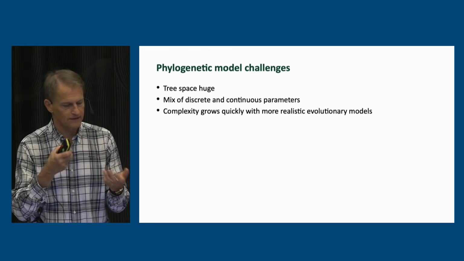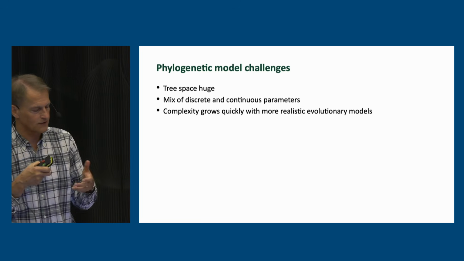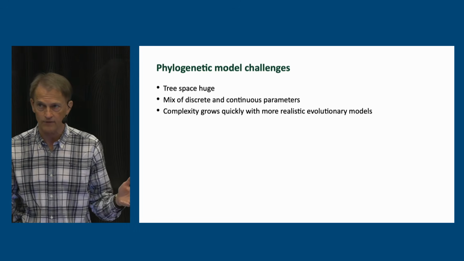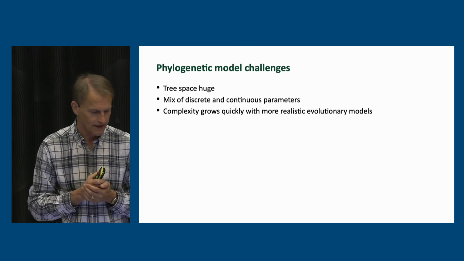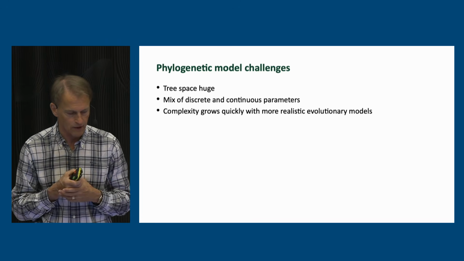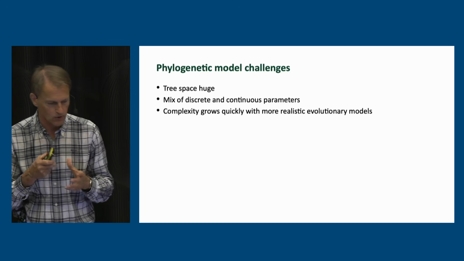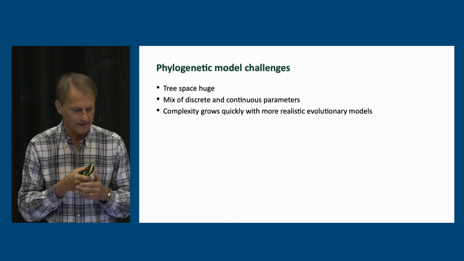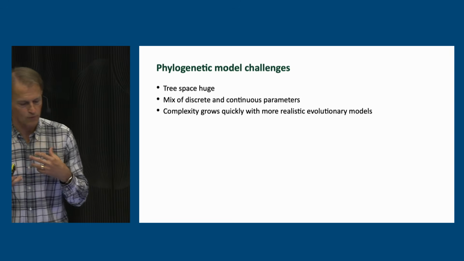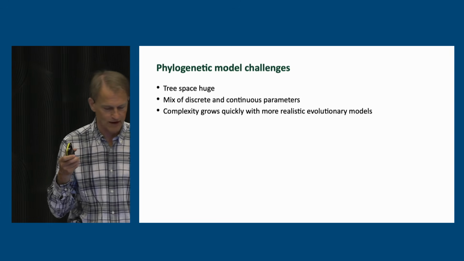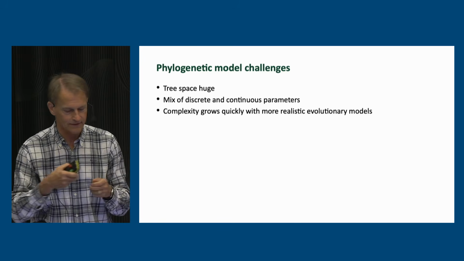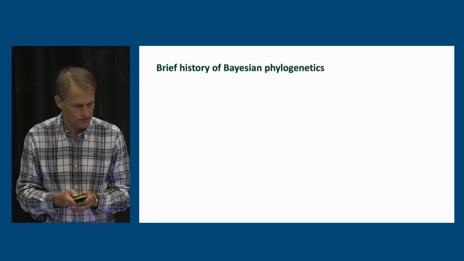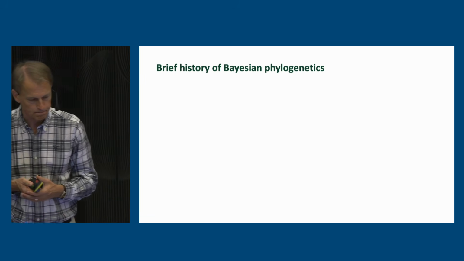And then we have this mix of the discrete topology, shape parameter, and a lot of continuous parameters evolving on this, or being dependent on these discrete variables. That's also a challenge. And then the complexity grows quickly with more realistic evolutionary models. Perhaps you have to drop the assumption of site independence, etc. So it quickly becomes quite challenging.